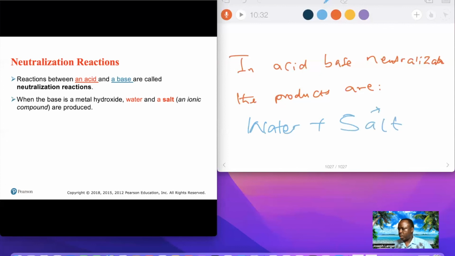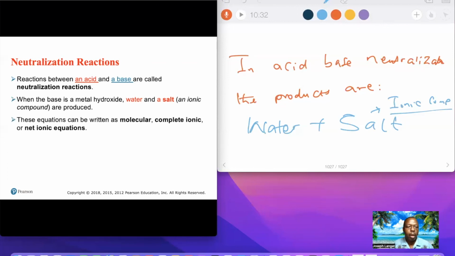This one is an ionic compound. Those are the two things you need to remember: water and salt, an ionic compound, and H2O. This equation can also be written as a molecular equation, a complete ionic equation, and the net ionic equation.